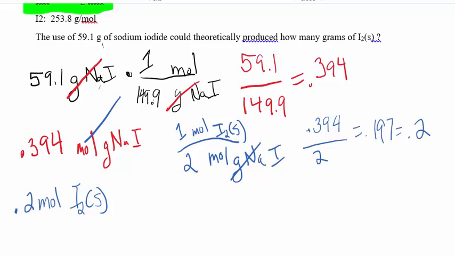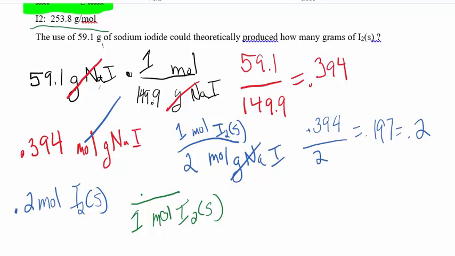I want grams of iodine solid. So I just have to use my final relationship. Iodine solid, 1 mole is equal to 253.8 grams. Well, I want to get rid of moles, so I put mole on the bottom.